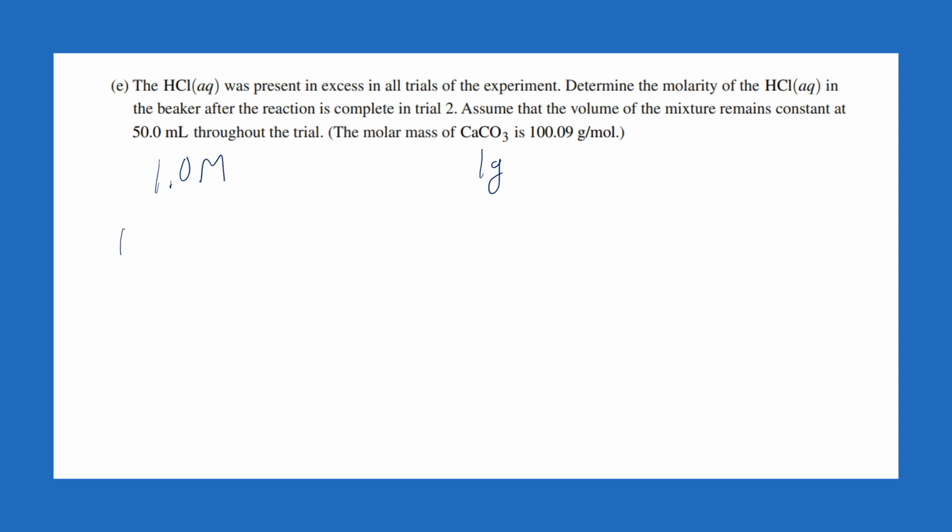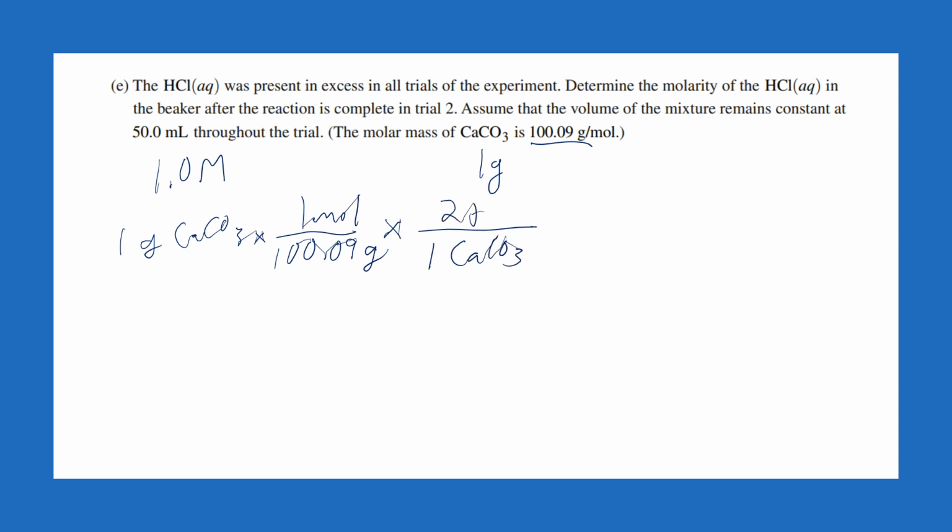Let's find out how much of the HCl actually reacted. We have the 1 gram of calcium carbonate. They gave us the molar mass, which was nice. We know that for every 1 calcium carbonate that reacted, 2 HCl were used up.